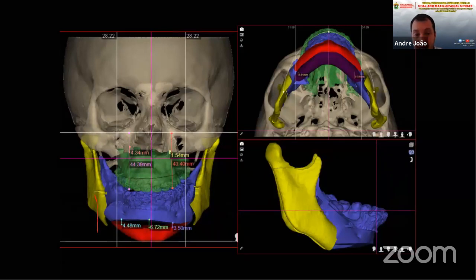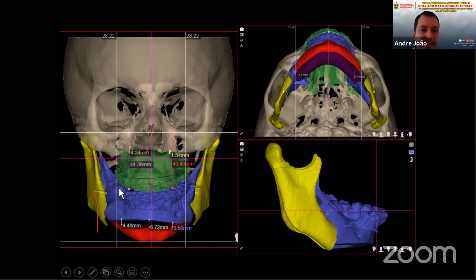Then I analyzed and realized that, because of the orthodontic treatment, the mandibular teeth were misplaced, and I couldn't cancel the surgery and put the patient back. So I took the decision to place the maxilla in the right position, and I left a distance.